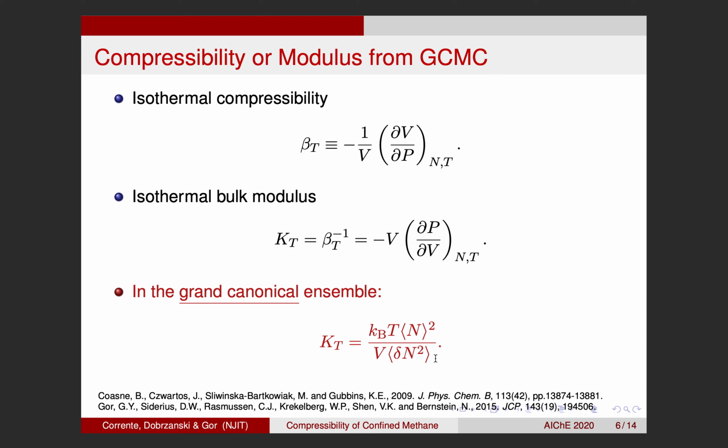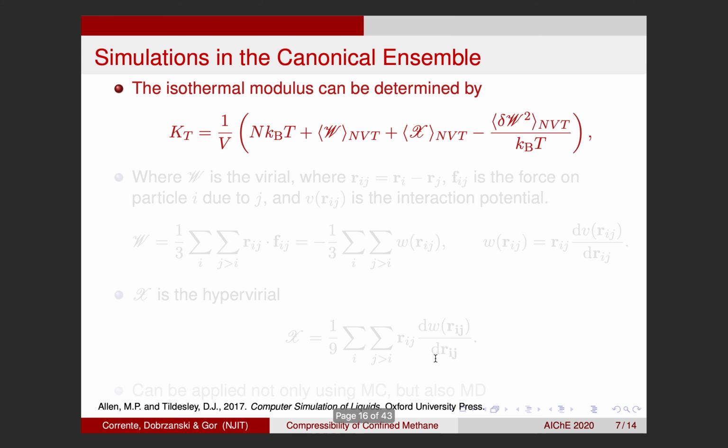Strictly speaking, this equation is written for the bulk system. However, it has been applied to fluids in confinement and shown to work well. Therefore, we're going to be using this for our calculation. In addition to simulating the system in the grand canonical ensemble, we would like to simulate it in the canonical ensemble.